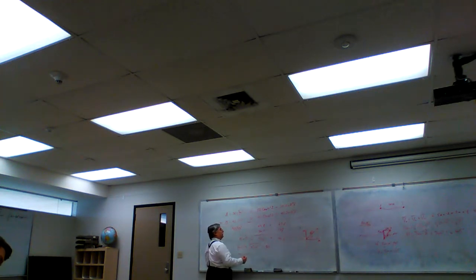Let's take it one step at a time. What are we taking the inverse tangent of? Y over X. 42 divided by 79. And that gives us 28 degrees.